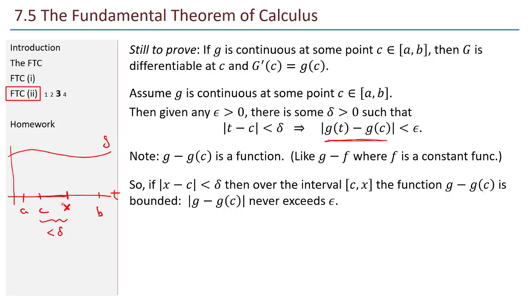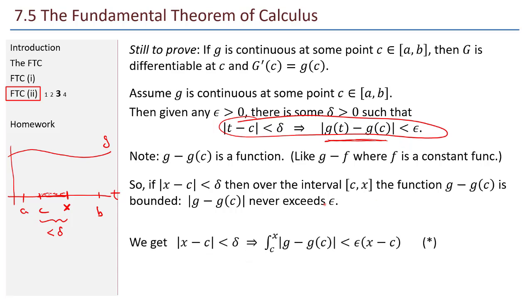Because if x minus c is less than delta, then certainly all of those t values that are in there, the t minus c will be less than delta. And I have my original situation. So t minus c being less than delta will tell me that the function is bounded by epsilon.